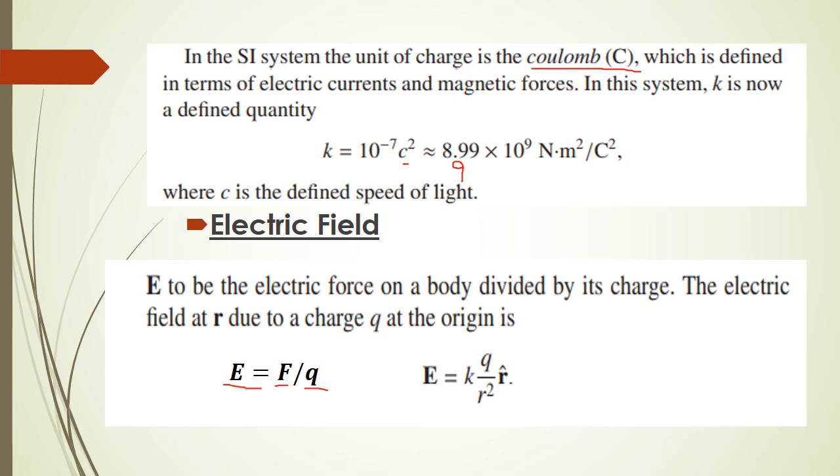The electric field at r due to a charge Q at the origin is E equal to F by Q. When we divide by Q, you get E is equal to k Q by r square into the unit vector r̂, which shows the direction of the electric field. This has the same direction as the electric force itself. So this is the definition of electric field.